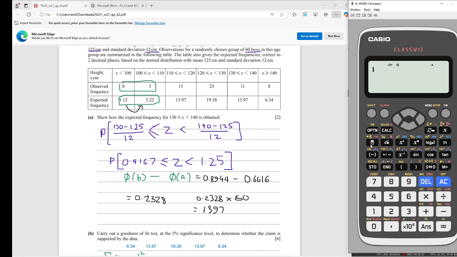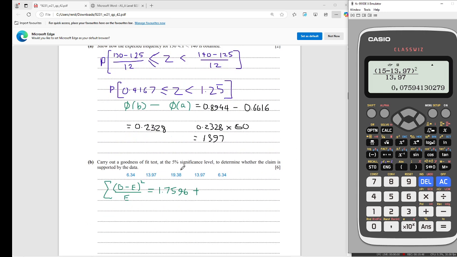Okay, next up, for this right here, we have observed a 15. However, our expected one was 13.97, and we whole square that difference divided with expected itself. Which is 0.0759.